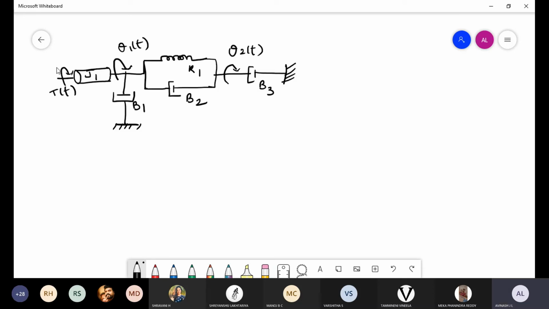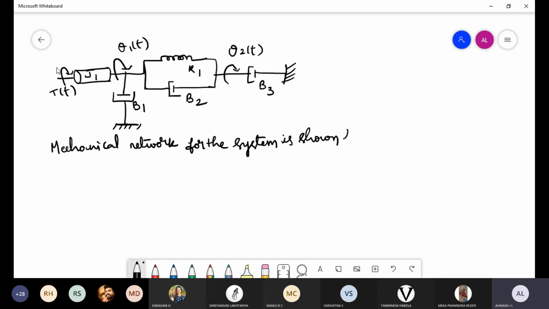Write down the mechanical network for the system shown below. How many displacements are there? Two displacements, theta 1 and theta 2, have been considered here.